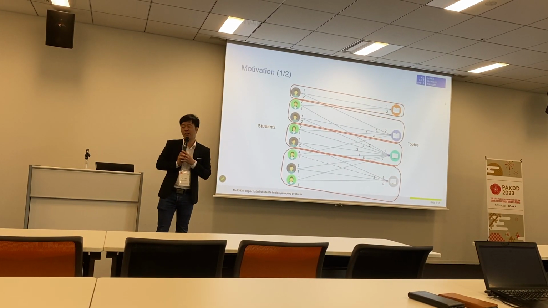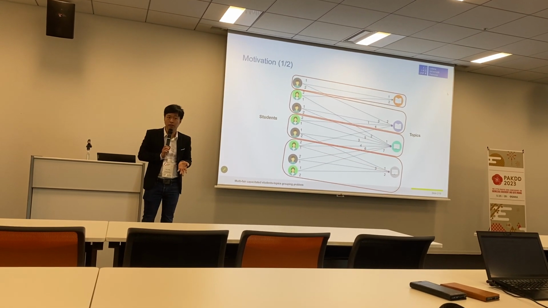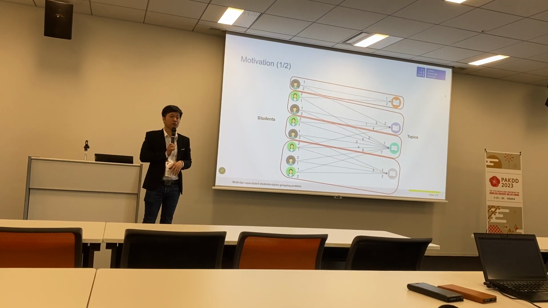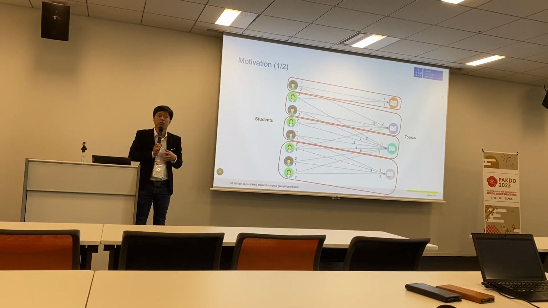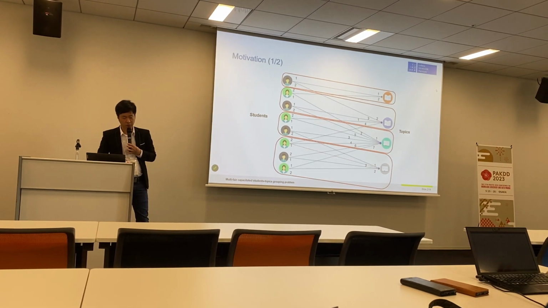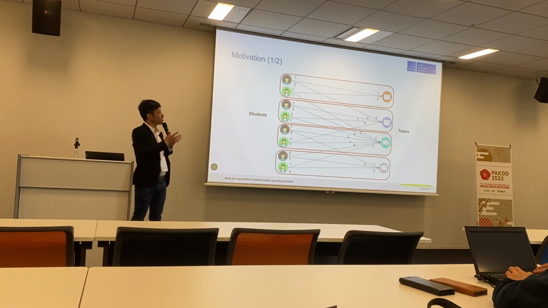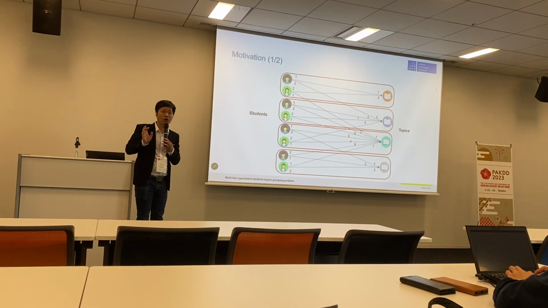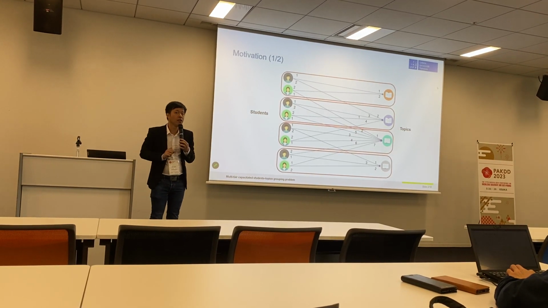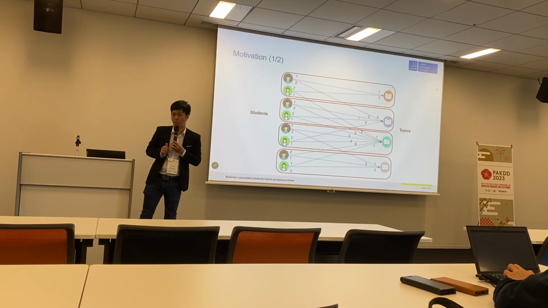So the problem here is we need to satisfy not only capacity, we need to satisfy gender and also student preference. So we ignore this solution. We take another solution. This could be one solution that satisfies all the constraints in gender, in capacity, and in the preference of students.